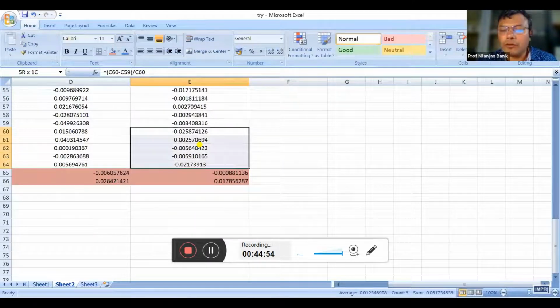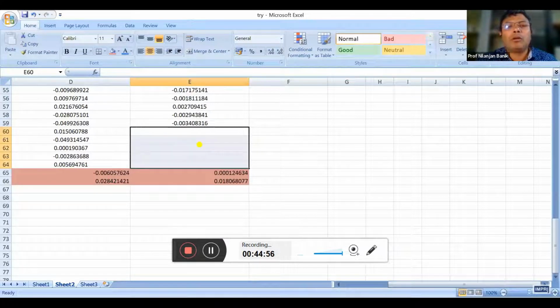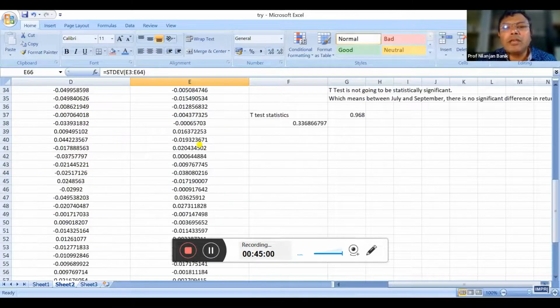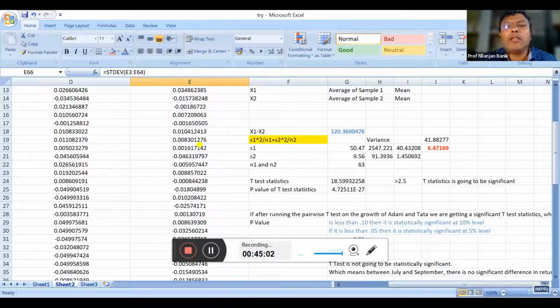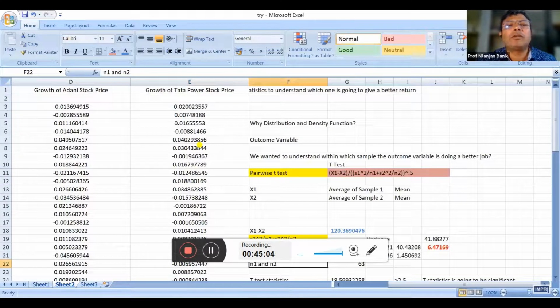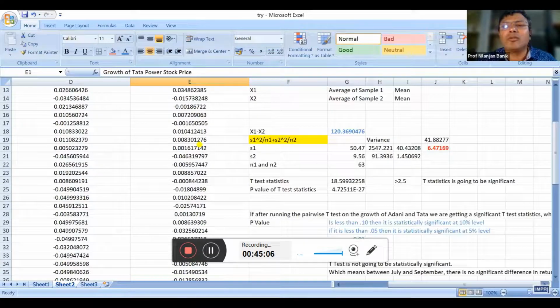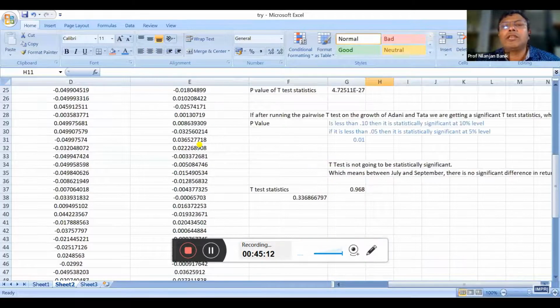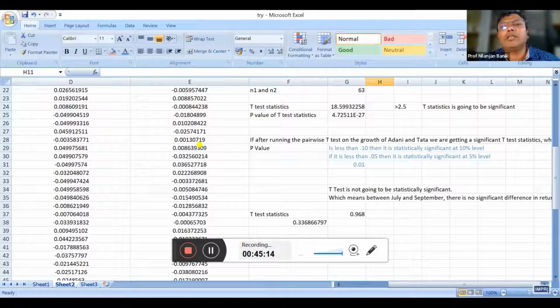So both this mean and this are going to change, as well as the N2. N2 is the number of observations for the Tata Power stock price. But what is not going to change is the formula, the intuition, the p-value logic, the t statistics approach. Does that answer your question? Hopefully.